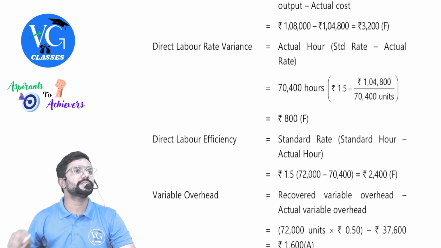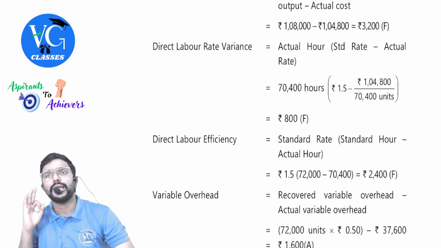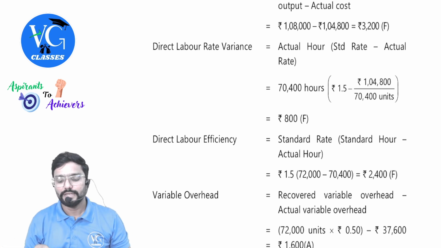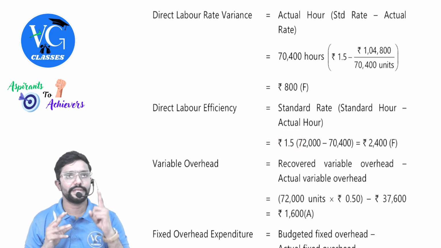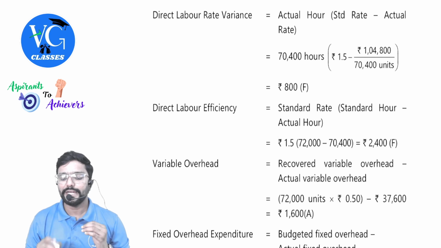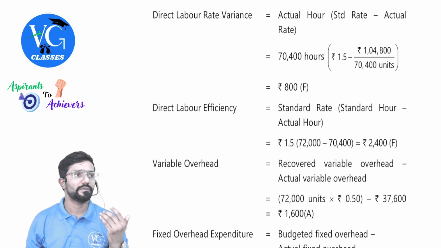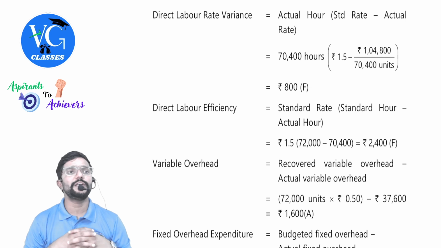What is the efficiency variance formula, guys? Standard hours for actual output minus actual hours into standard rate. Okay, sir. Standard rate they have taken first itself, 1.5 rupees per hour, given in the question itself. Standard hours is how much, guys? 72,000 hours. How did we get 72,000 hours?